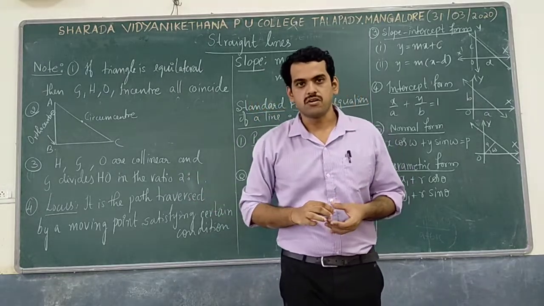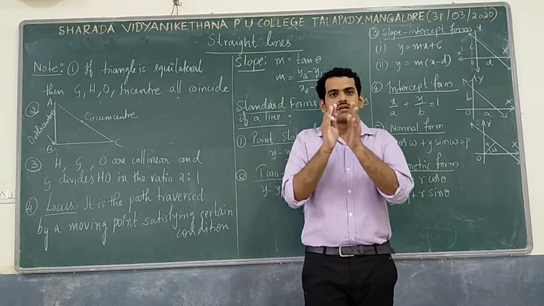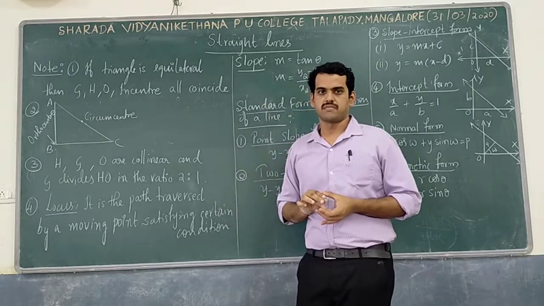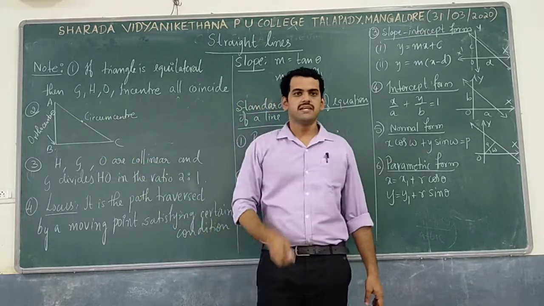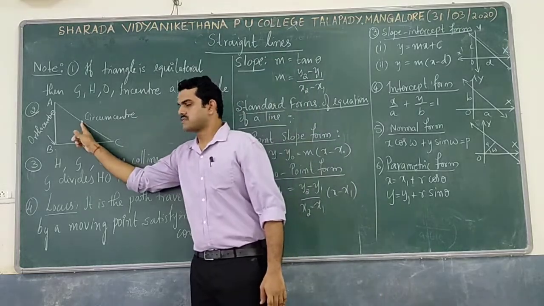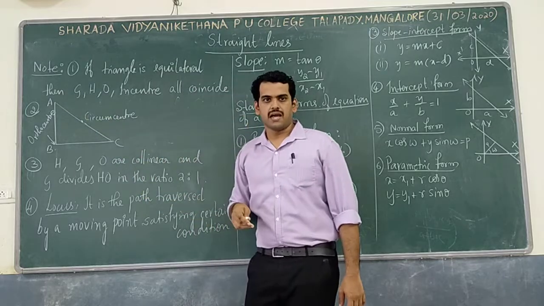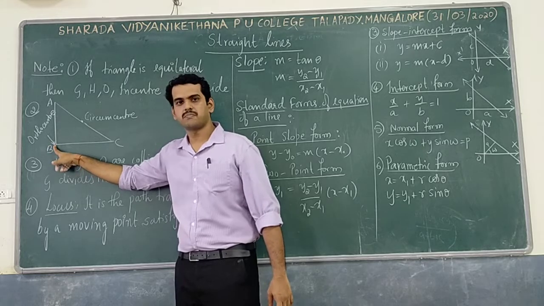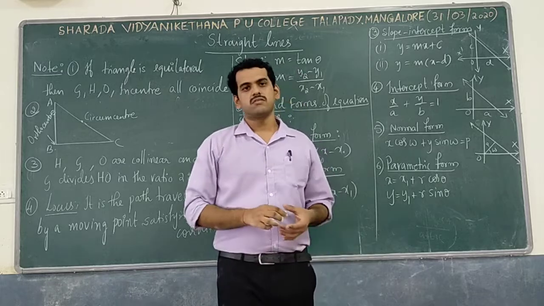Even the incenter also, all four points we have taken come together and coincide in the case of an equilateral triangle. Point number 2: in any right angled triangle, the circumcenter is always the midpoint of the hypotenuse, and the orthocenter is always at the point where we have the right angle.